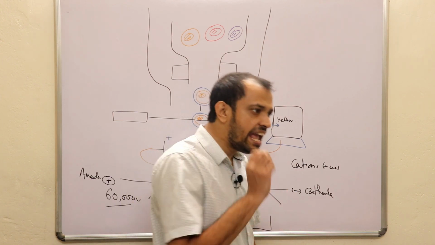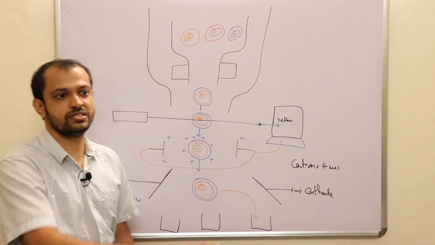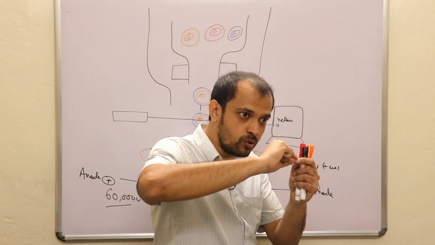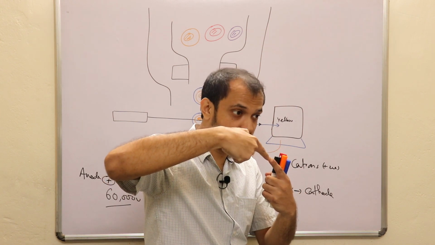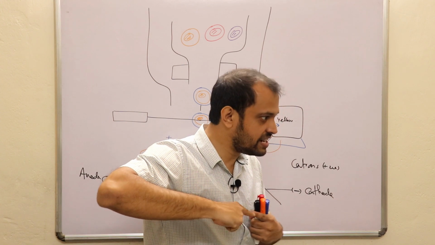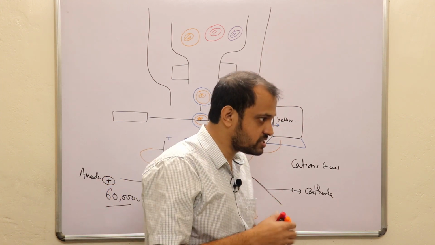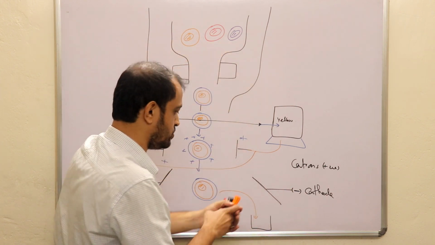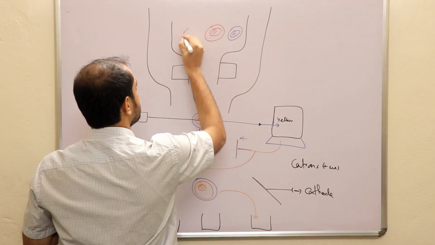Listen, any cell doesn't have any color, but we can impart color to a cell by adding an antibody whose Fc portion has an additional fluorescent tag, FITC or something like that. That means we will have to tag each cell with an antibody. So this is the real diagram. All the cells are actually of the same color.